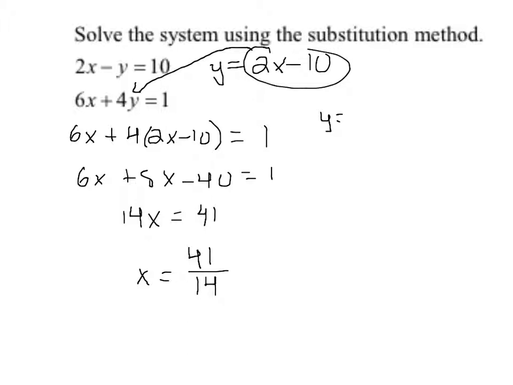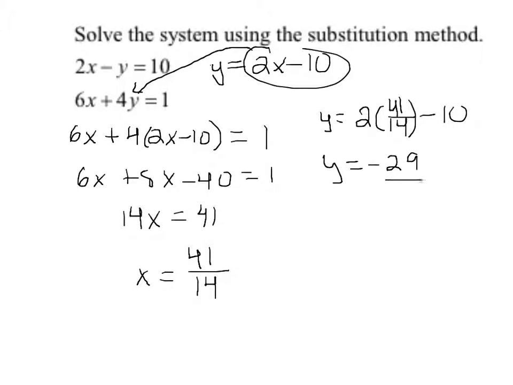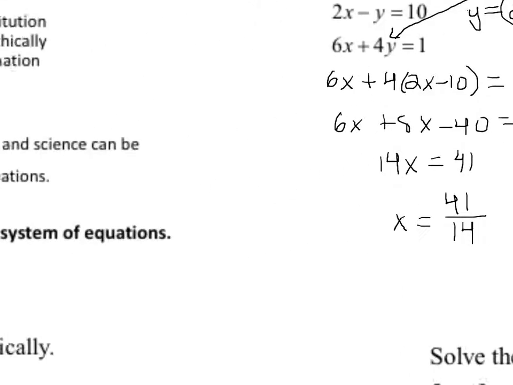Y equals 2 times 41 over 14 minus 10. Calculate that. You get y equals negative 29 over 7. So the solution to the system is that. So let's take a look at another example.